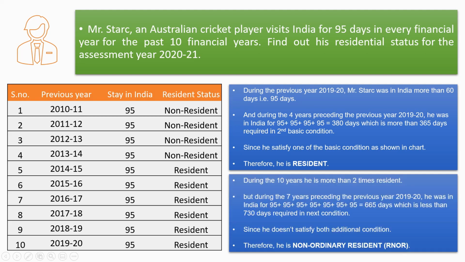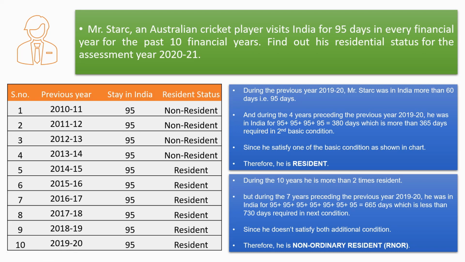Similarly, when you check for other years, you will find out he is resident in previous year 2018 to 19 to 2014 to 15. We have already written this in front of each year. This is required to find out whether he is ordinary resident or non-ordinary resident. Now to determine whether he is ordinary or non-ordinary resident, we will check both additional conditions.